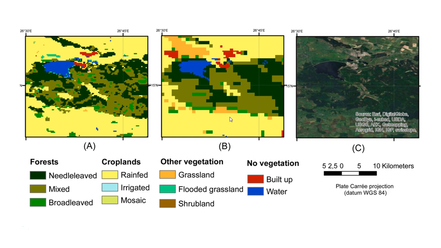So we really want to get to the classified imagery because that's really telling us more about the features. We're classifying the features in the satellite imagery, and what's important once you get to a classification is you can compare classes over time.